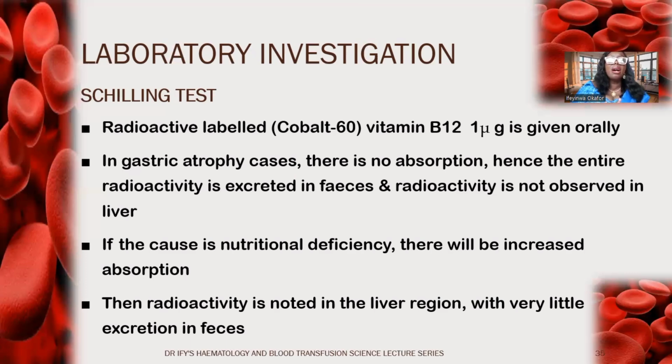But if the cause of the disease is nutritional deficiency, there will be increased absorption of the radioactive vitamin, and this radioactivity can be found in the liver. It can also be excreted in the feces and counted.